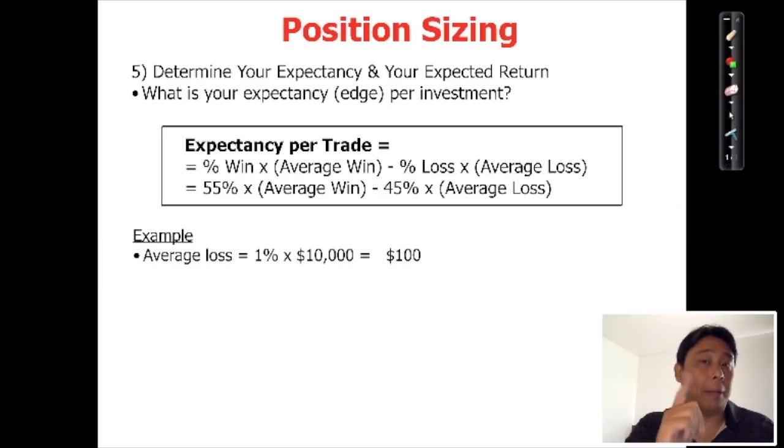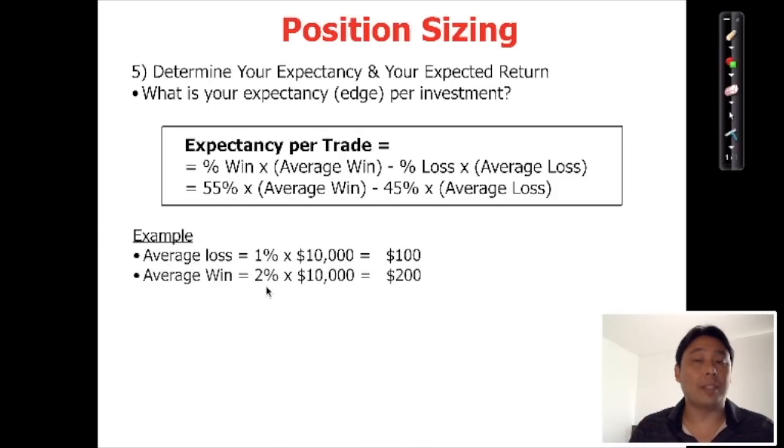Assuming you risk 1% per trade, that means your average loss is $100. If you do that, your average win will be 2% per trade or $200. Why? Because you always maintain the 1 to 2 risk to return ratio, if you remember that, right?